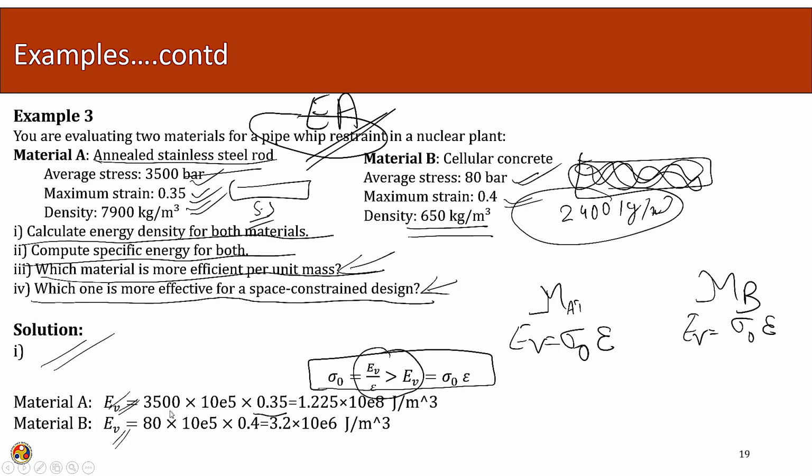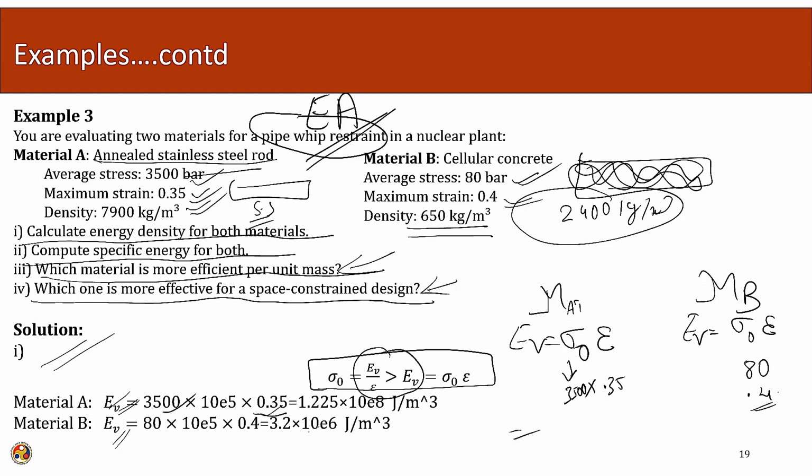So, in the first case, the average stress is 3500 and the strain is 0.35. And for case B, it is 80 times 0.4.